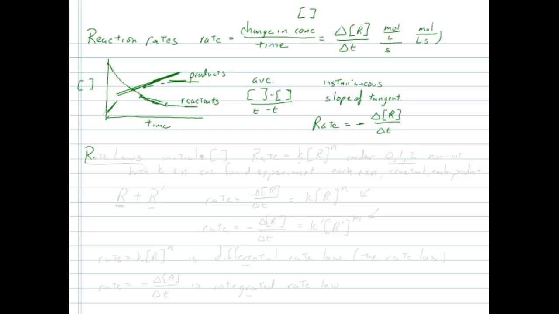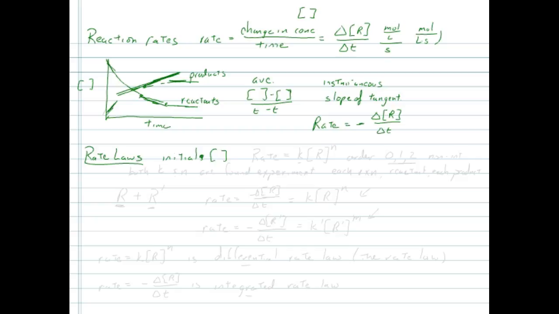Rate laws. There are two different forms of rate laws. Again, rates can change as concentration decreases. So if you use initial concentrations, you get a jumping off start.